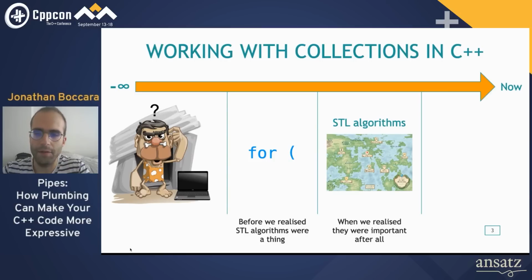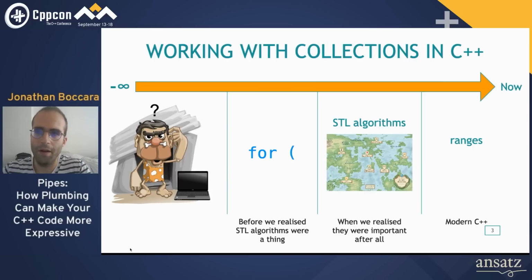And now we are collectively moving into modern C++, and the logical next step in C++ after STL algorithms is ranges, right? The popular ranges that we hear a lot about, and that is a great addition to standard C++.